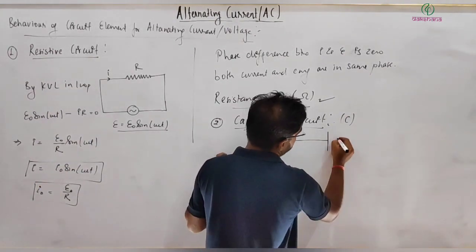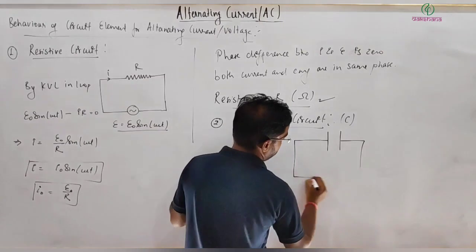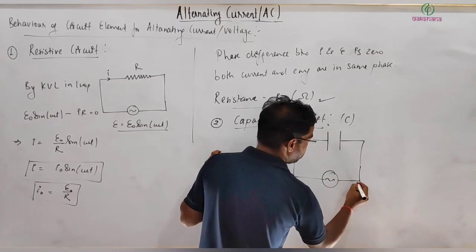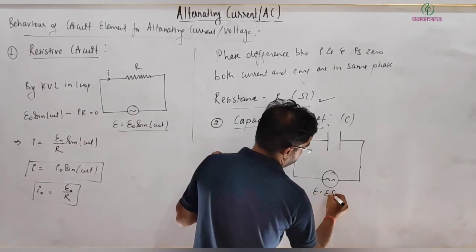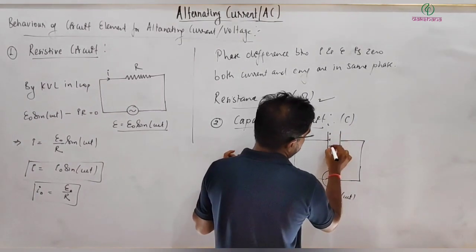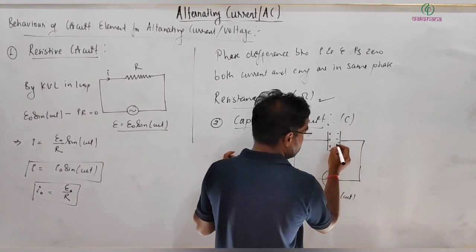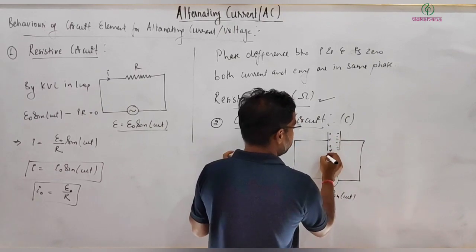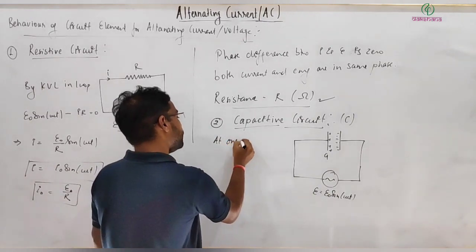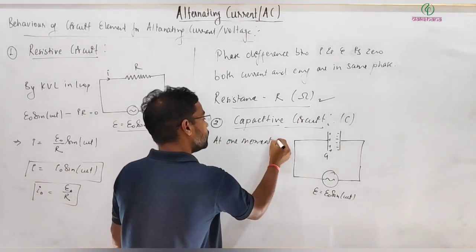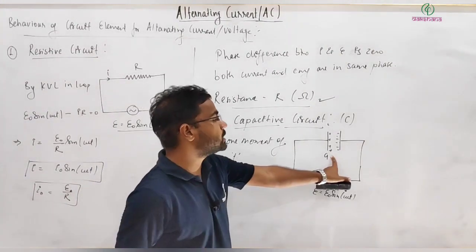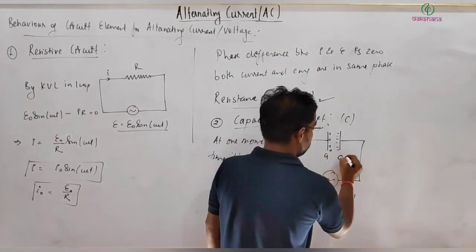Consider this situation: one capacitor connected across an alternating source of EMF, E equal to E naught sine of omega t. Again here the polarity will keep changing from time to time, but let's say at one moment of time t, the charge on the capacitor is this way.